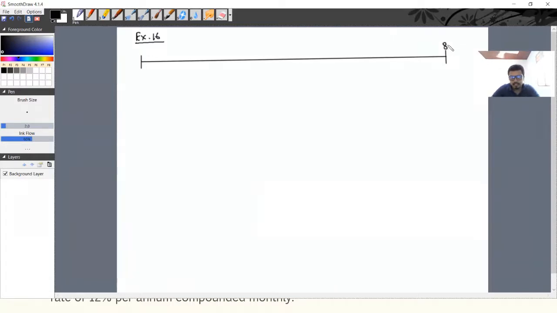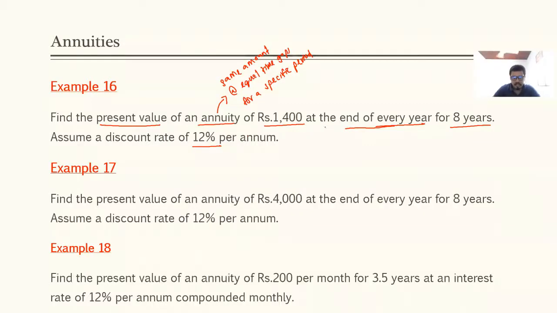For 8 years, you are making this payment. At the end of every year, what is the amount?